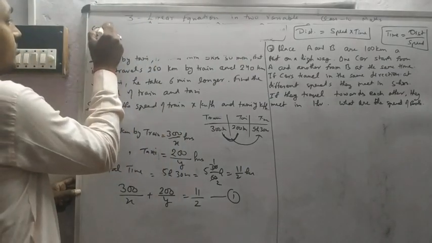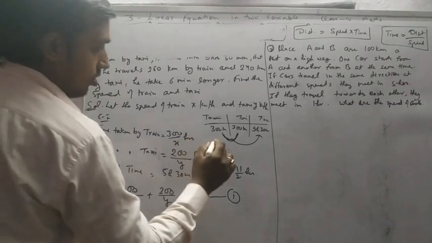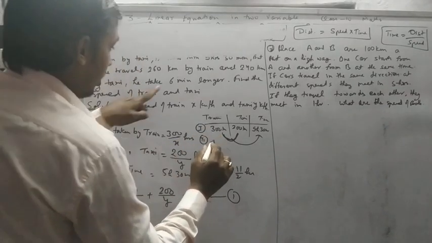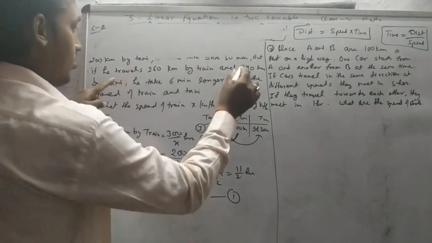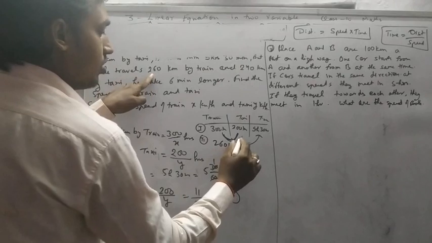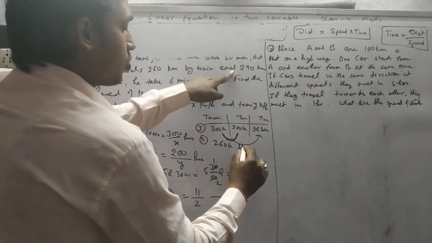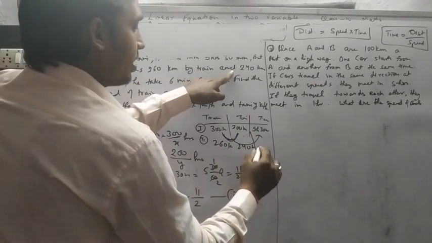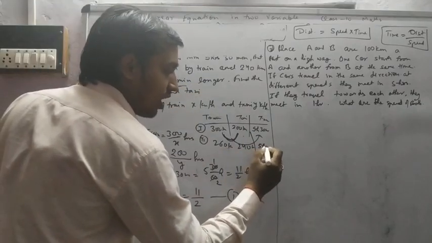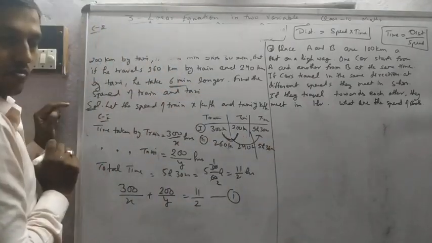Case second. What is case second? Train distance 260 km, taxi distance 240 km, and time 6 minutes longer, means 5 hours 36 minutes.